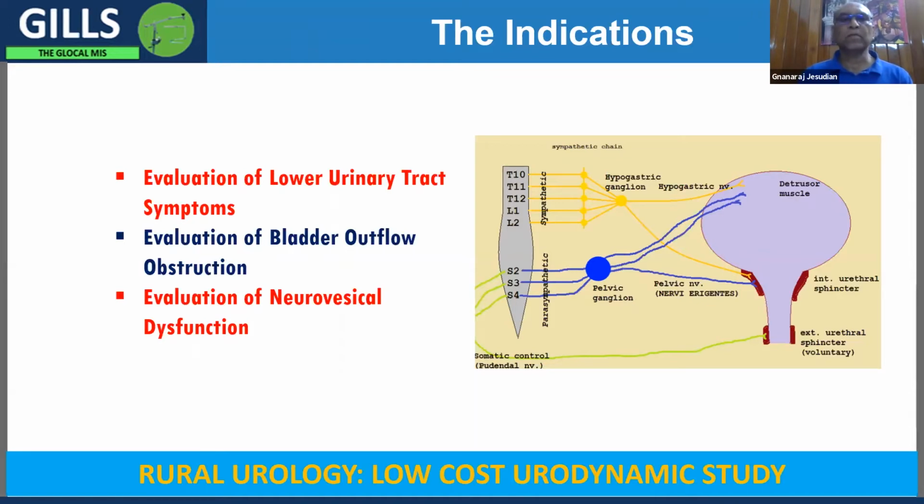Most are used for evaluation of the lower urinary tract symptoms we described, either irritative or obstructive. The most important use is giving objectivity to the evaluation of bladder outflow obstruction, commonly due to benign prostatic hyperplasia. The third broad indication is evaluating neurovesical dysfunction.